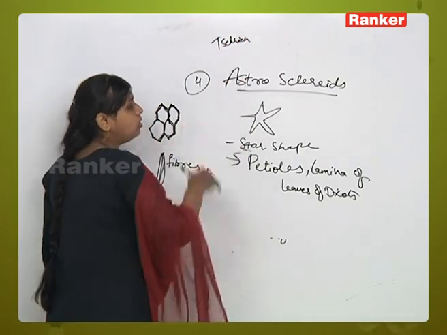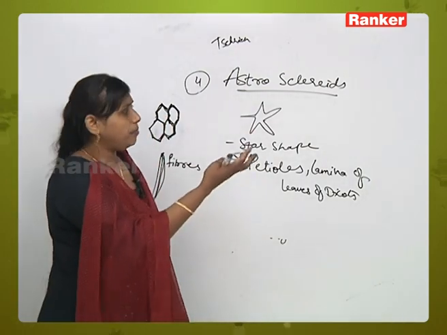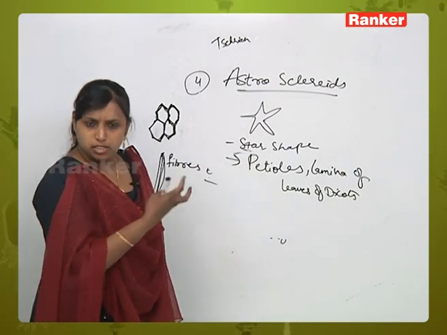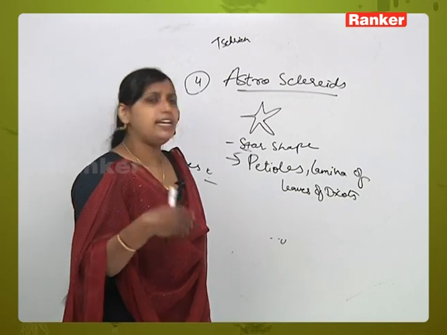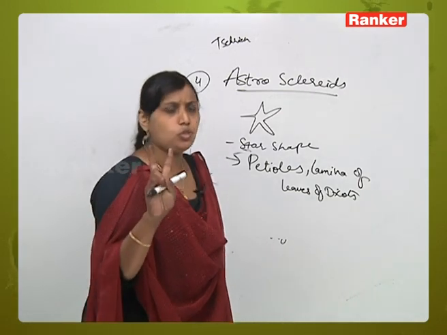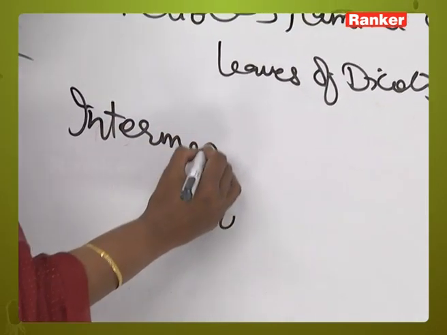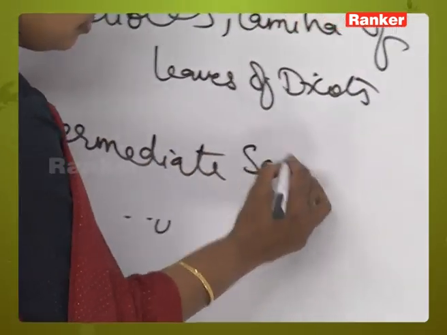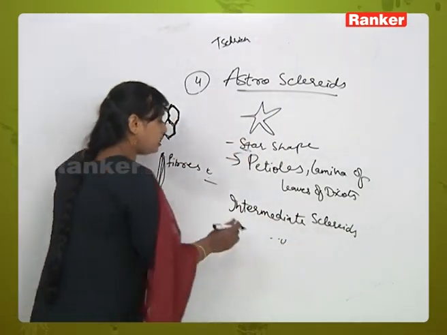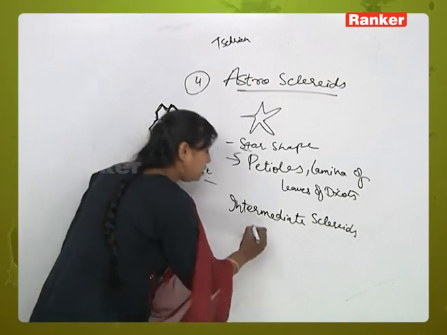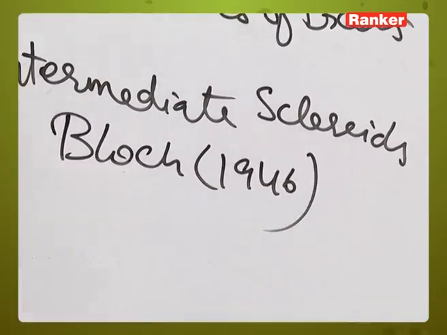Okay. Now, one more: either the sclerite may be a normal type, or it may be one of the 4 types divided according to an anatomist, and there are also intermediate types of sclerites. What are intermediate sclerites? This was the classification given by an anatomist called Bloch in the year 1946.